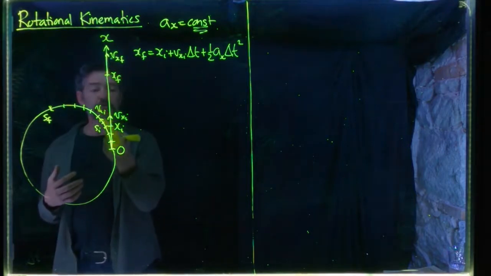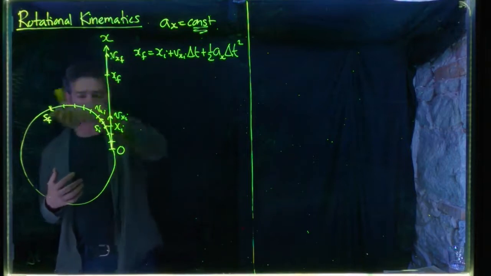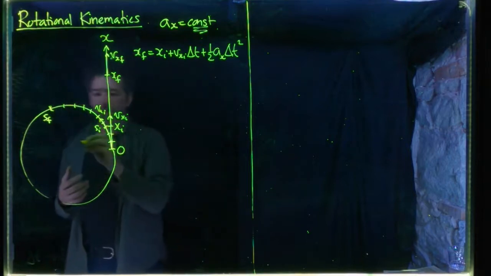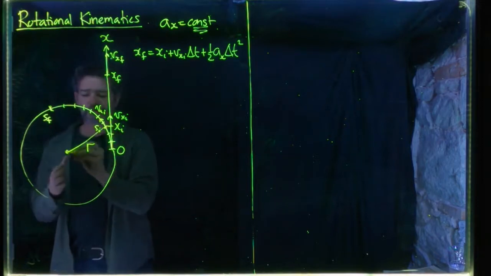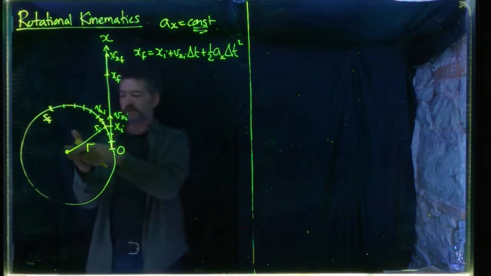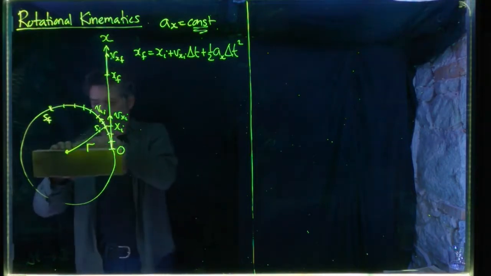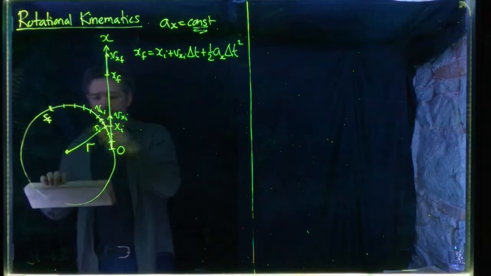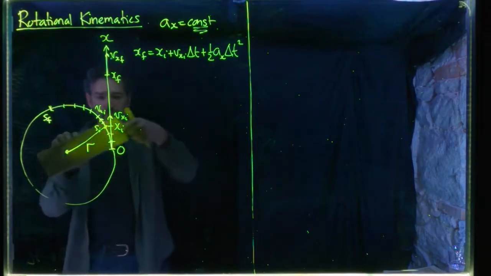It's moving at a certain number of meters per second tangential to the circle. And r here is the perpendicular radial distance from the axis of rotation of the rigid body to the initial point P on our rigid body.